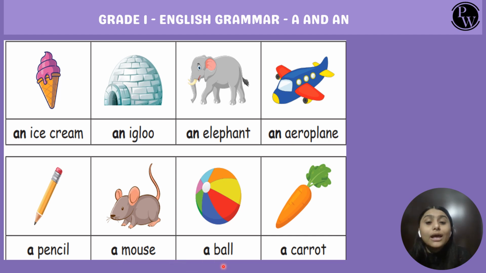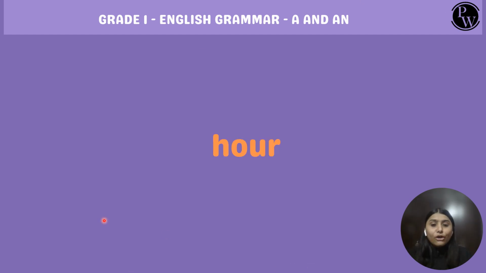A ball, same because it's making a consonant sound. Ball. B, it's a consonant. Then a carrot. C is a consonant and the sound that we are making is a consonant sound. So we use a before carrot. A carrot. Okay?